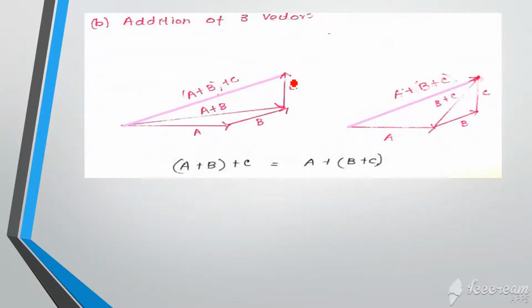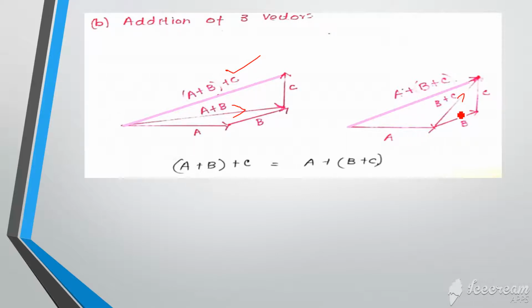Then addition of three vectors. Here we have three vectors A, B and C. Like two vector addition, first we find the addition of A and B, then we get A plus B along this direction. Then the resultant of A plus B is added with C, and finally we get A plus B plus C. Similarly, instead of first finding A plus B, we can first find B plus C. While adding B and C, we get the B plus C vector along this direction.